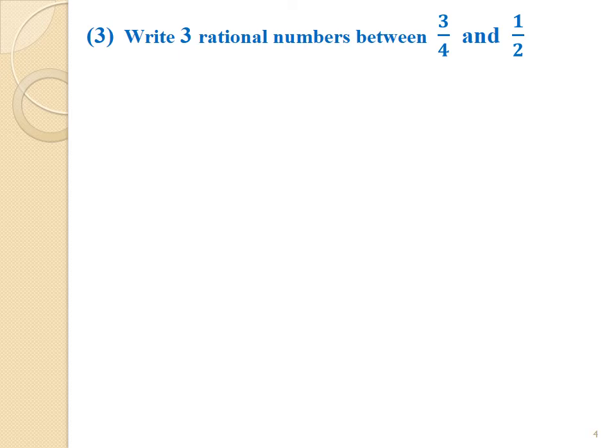The LCM of denominators 4 and 2 is 4. But rewriting the two given numbers with denominator 4 will not help us. That is, we will not get required 3 rational numbers.